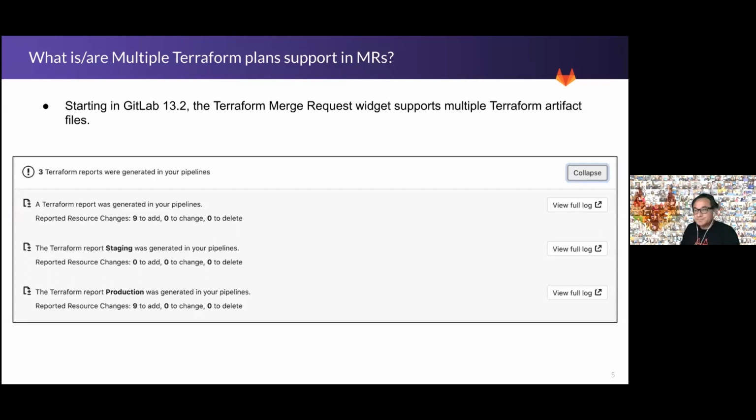So that's what's new. As you can see, this is a screen snapshot of the portion of the MR that lists all of the Terraform plan outputs or the execution plans. In this case, there are 3 of them that have been executed as part of this pipeline.